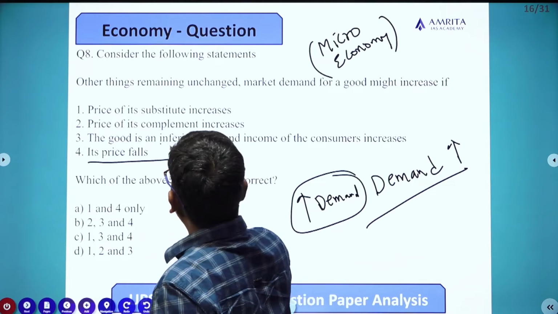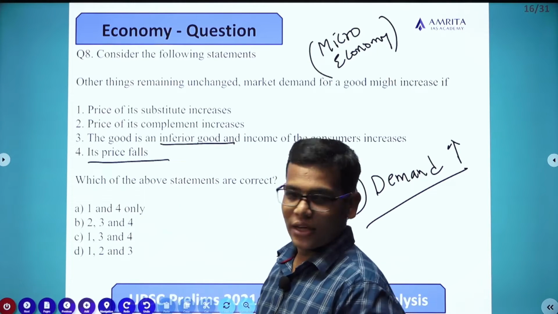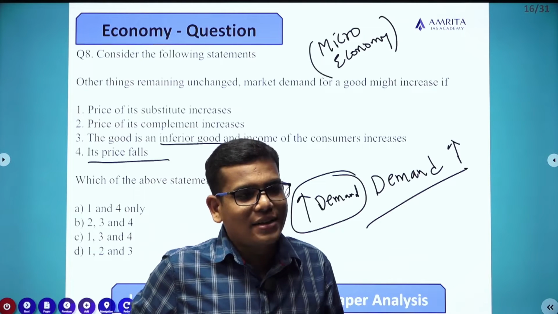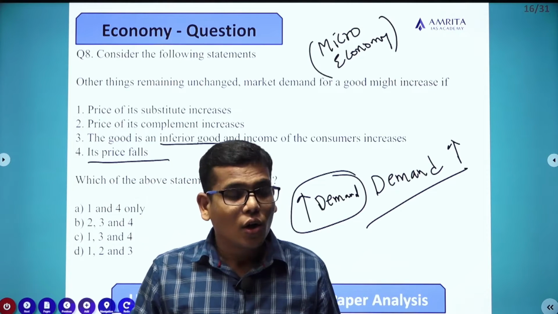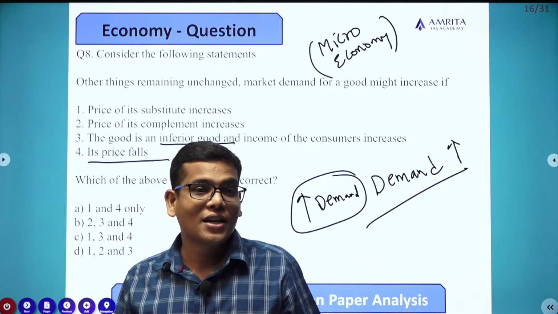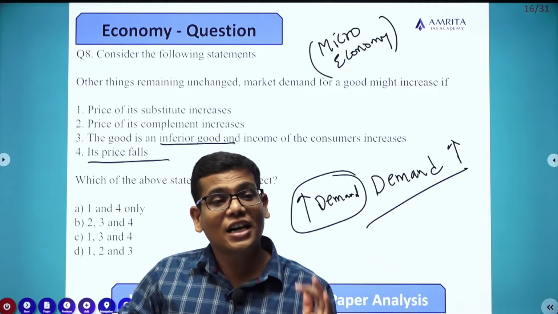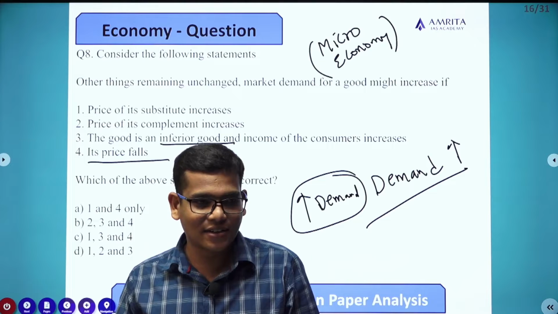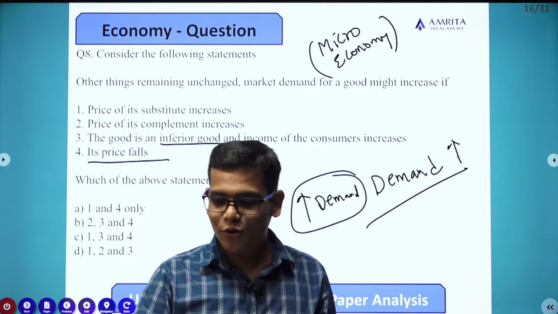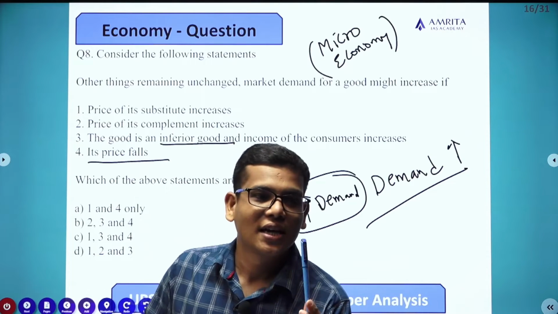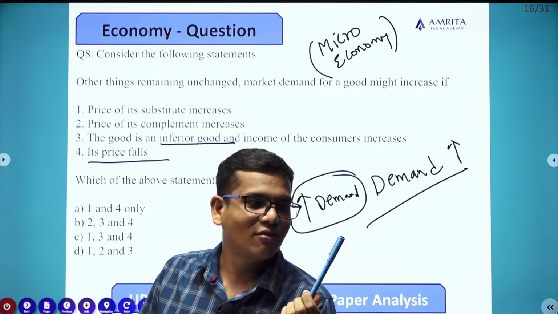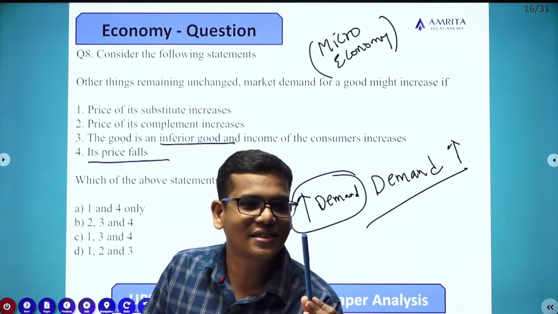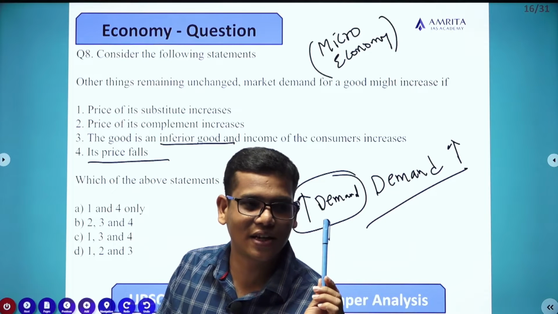For an inferior good, what does it mean? An inferior good is a good whose demand comes down as the income of the people increases. Suppose I am using a pen of a cost of 2 rupees, a very inferior good.